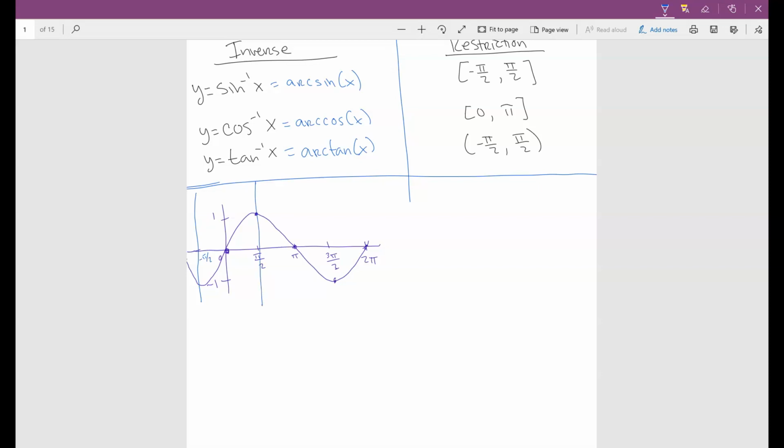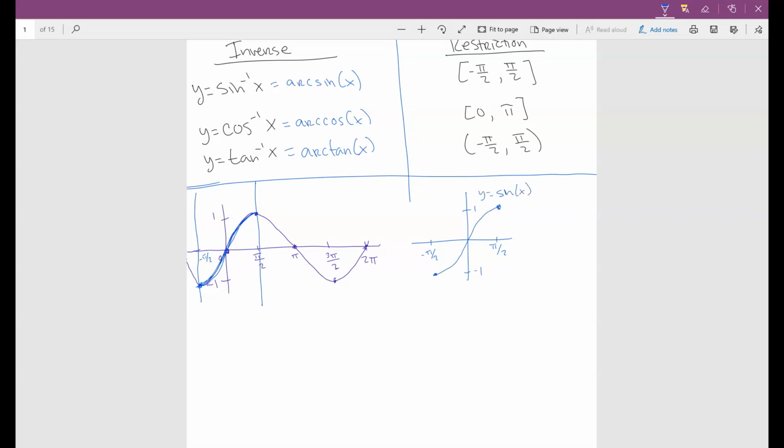So basically, all we are getting is this little part of the sine curve, and this little thing is going to be the sine wave. This is just sine of x.